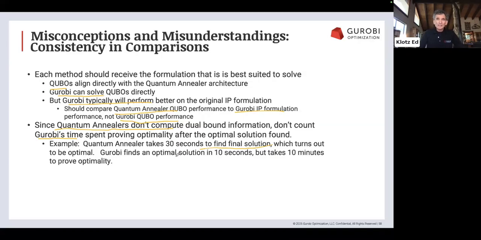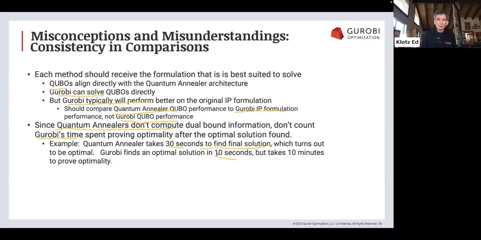If Gurobi finds an optimal solution in 10 seconds but takes 10 minutes to prove optimality, the fair comparison is not 30 seconds to 10 minutes. It's also not 10 seconds to 30 seconds, because at the 10-second mark, you have no idea that this is the best solution you're going to find.